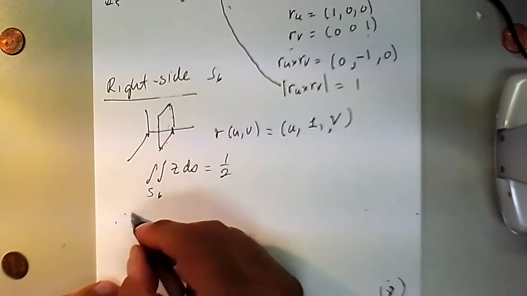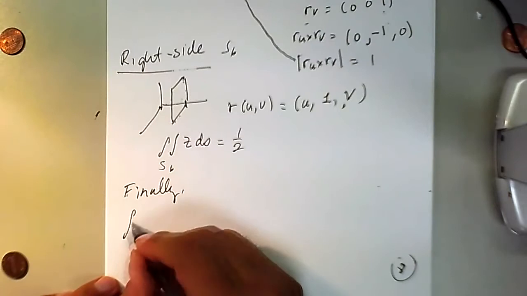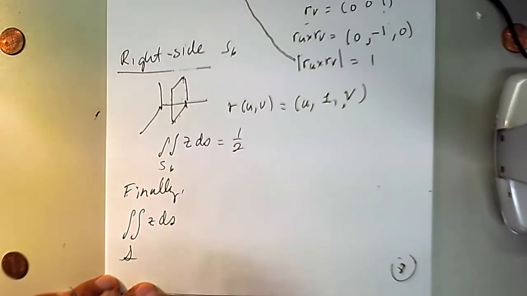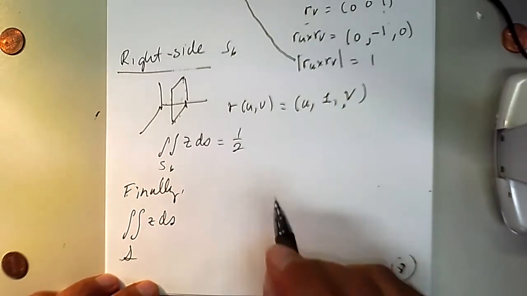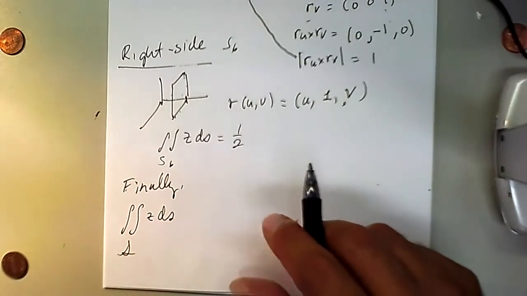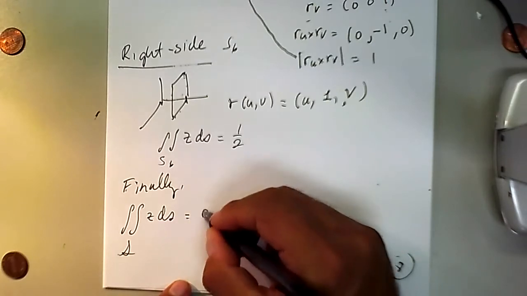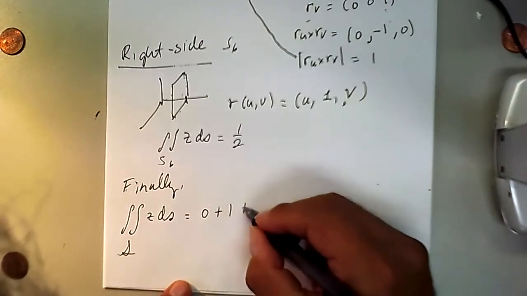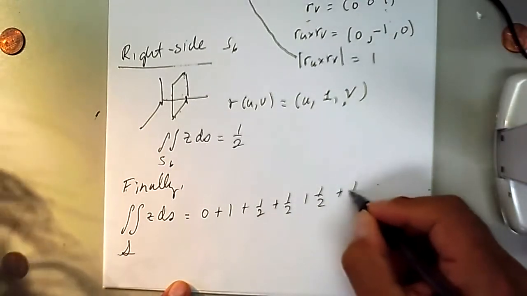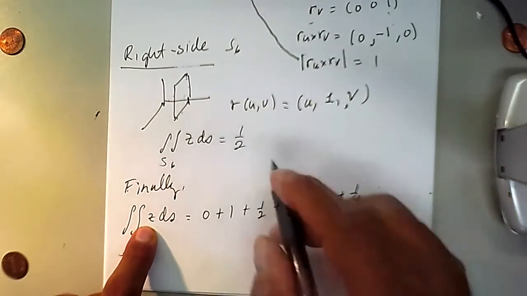So finally, the conclusion is that the double integral of Z with respect to the surface over the entire cube, and by that we don't mean the cube inside, but the shell, the surface of the cube, will be 0 for the bottom, 1 for the top, and 1/2 for each one of the other faces, which makes sense because we're evaluating z, which puts more value on the top.